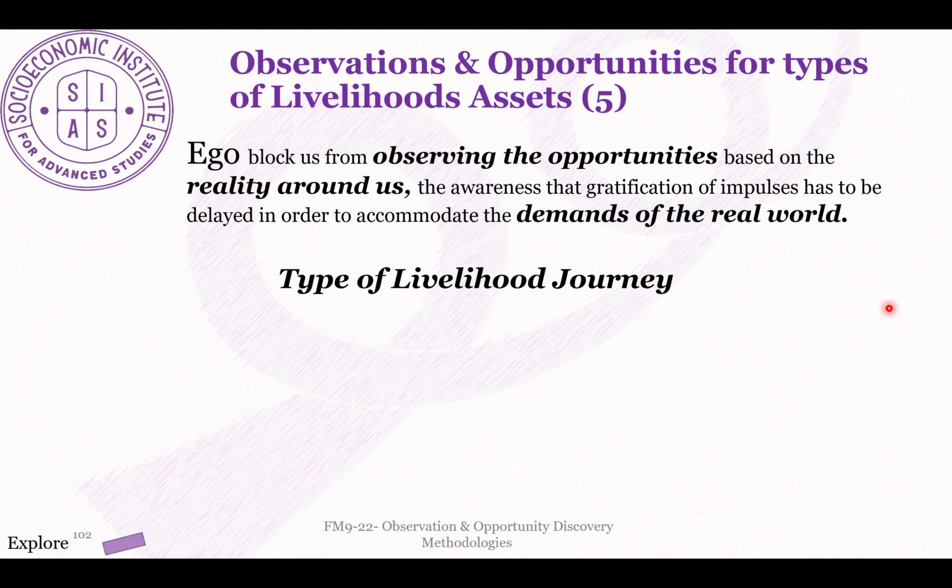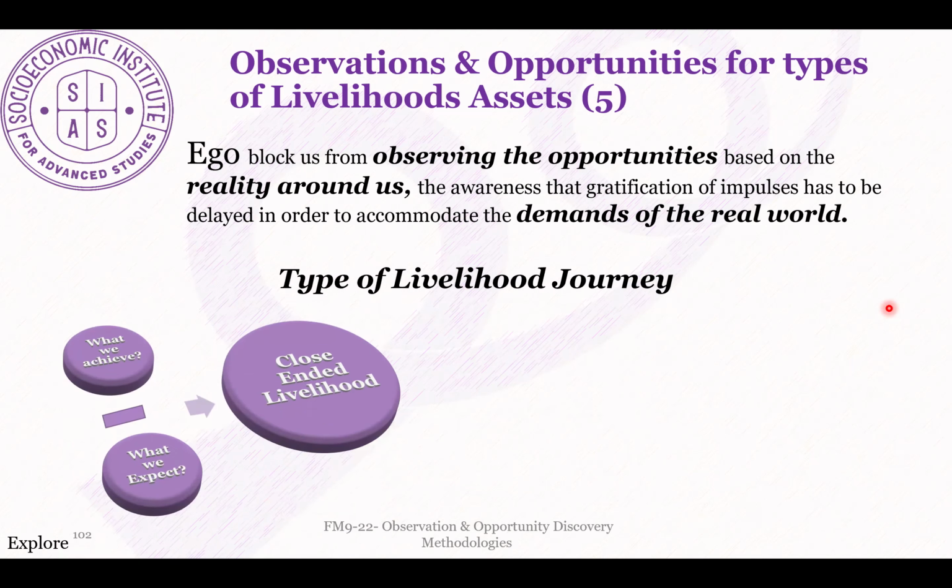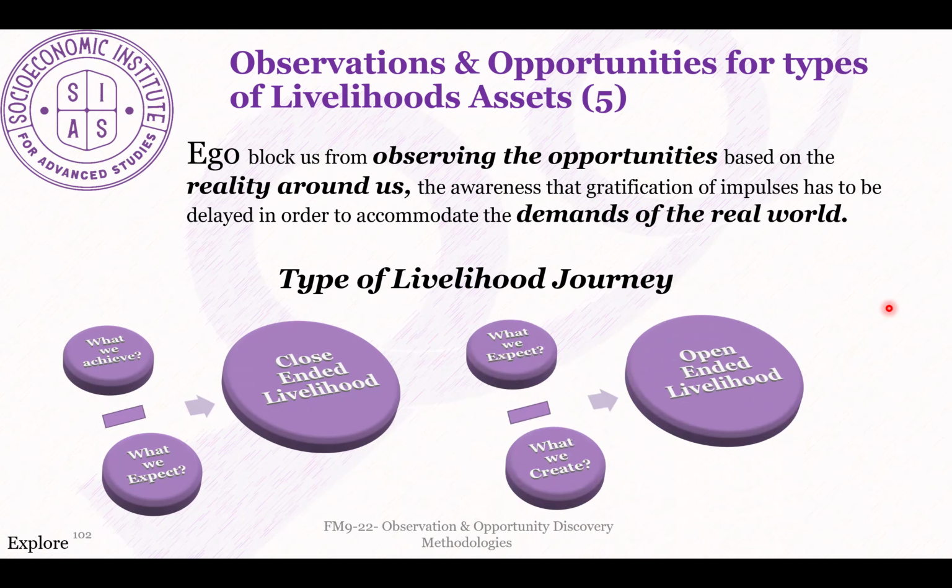Therefore, if we want a good type of livelihood, we should think about what we observe and what we expect, so that we avoid a close-ended livelihood. While if we start to think in a different way about what we expect and what we create, then we will have an open-ended livelihood. So it's not only about observation, but also about managing our expectations, which will help us create a better livelihood.